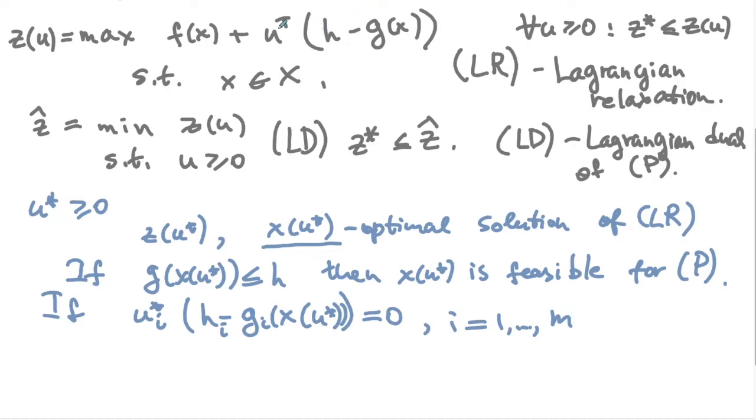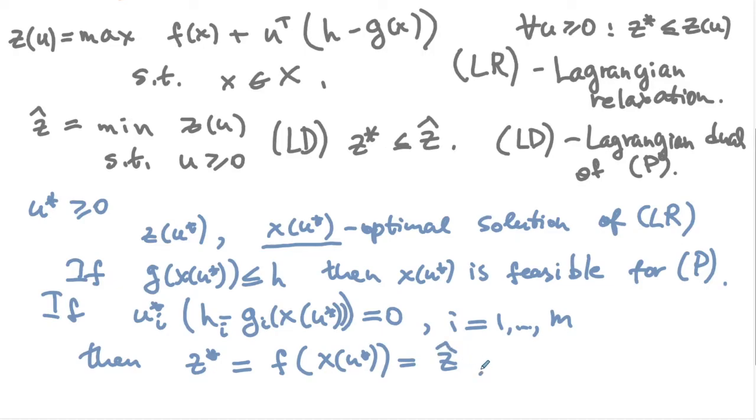then clearly this part right here will be equal to 0, and we will have z star equal to f of x of u star equal to z hat.